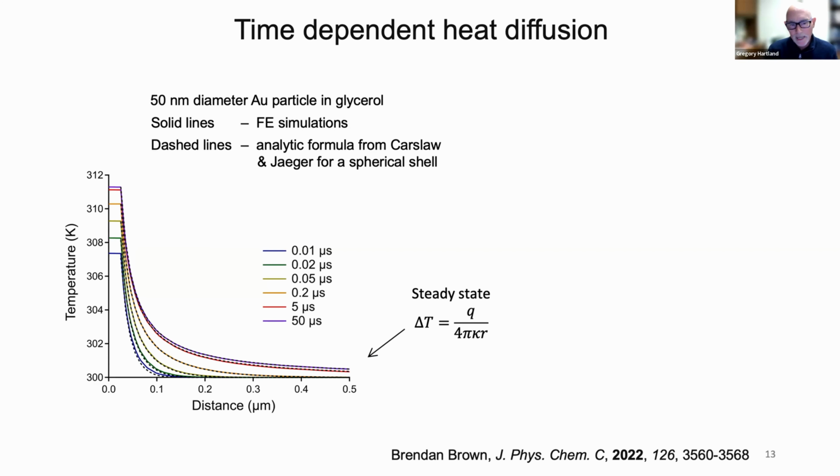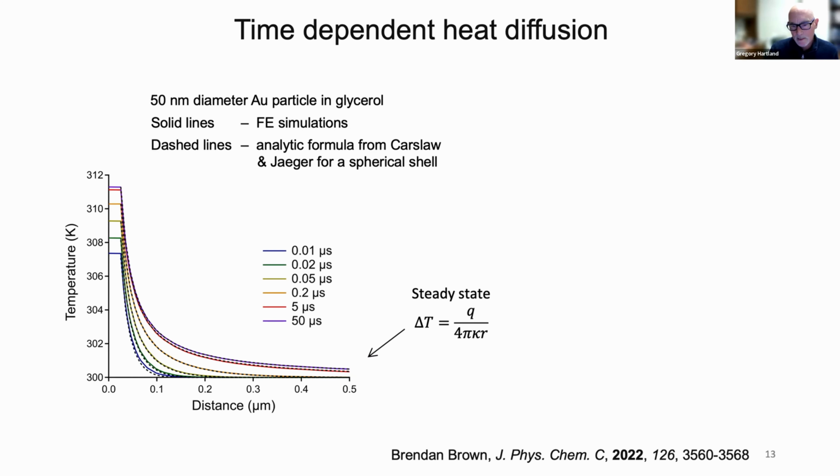So what you see here is that when you leave the heating source on for a long time, you eventually reach a steady state condition, where the heat going into the particle matches the heat diffusing out into the environment. And before that, you're heating up, you're not reaching steady state.